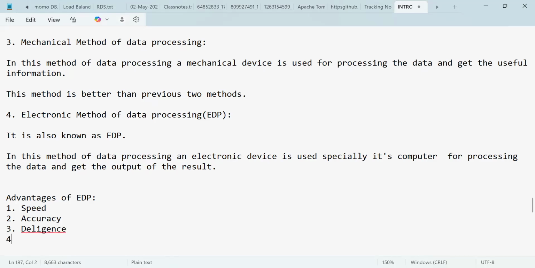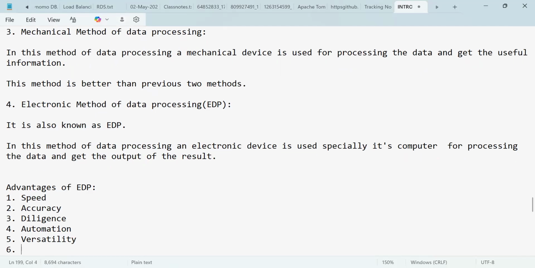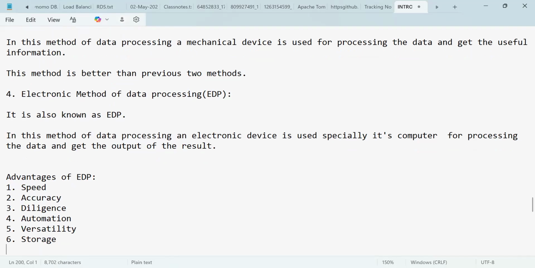In the previous cycle, I will discuss everything. Then diligence, automation, versatility, and storage. These are the advantages.